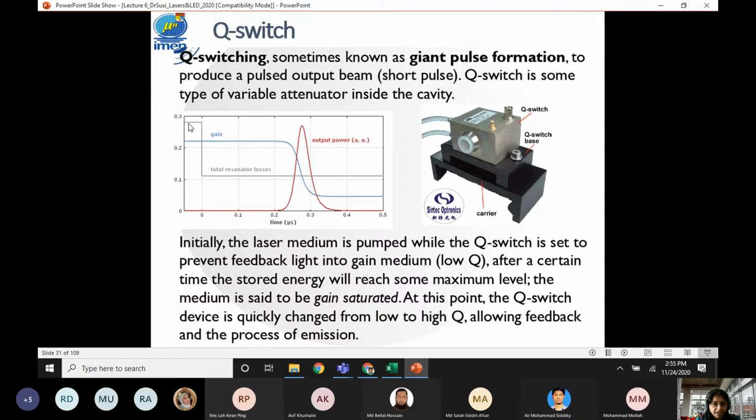So you have the gain here, the blue color is the gain, and this is the resonator losses. After some time, you can have a pulse coming out from the laser. Just one pulse, and then after some time you get a second pulse, and this pulse is very high in power. You can see that when the pulse is emitted, there's a drop in the gain.